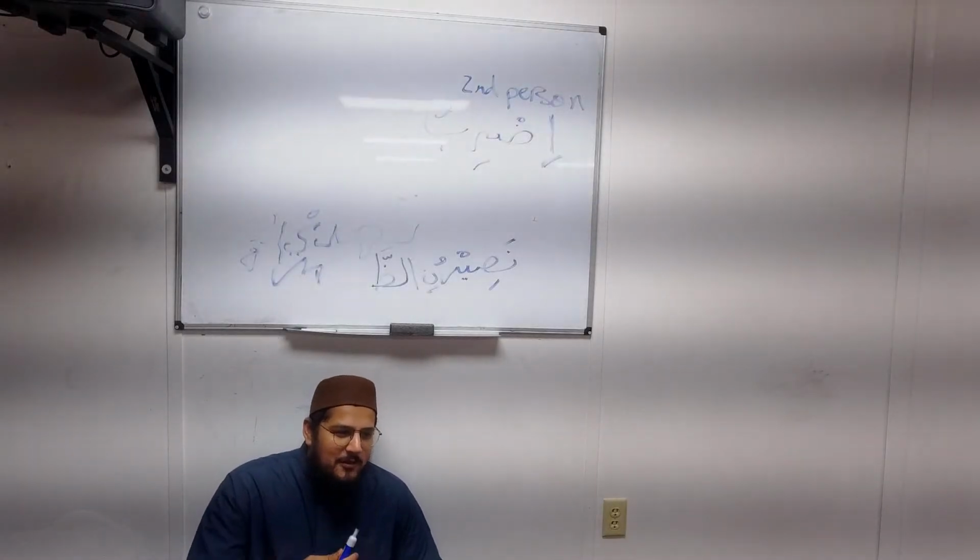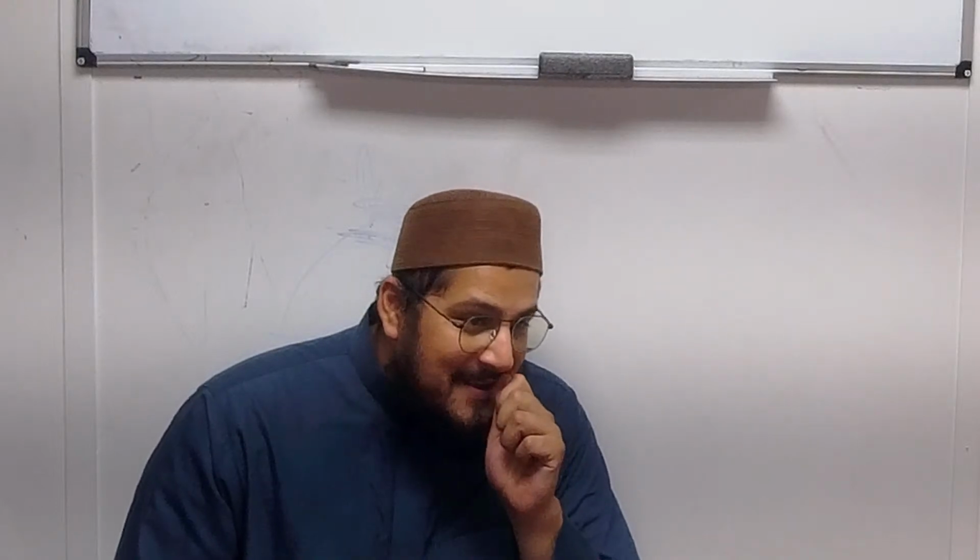Let me explain real briefly. We can have words like kitabun, okay? If I were to ask you what pattern kitabun is on, you would replace the root letters with fa, ayn, lam. It's on the pattern of fi'alun.